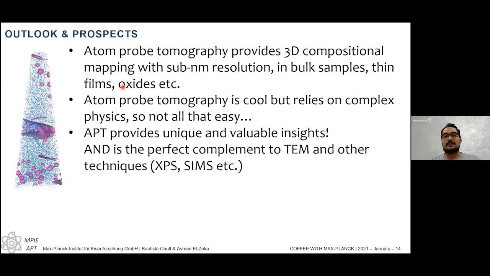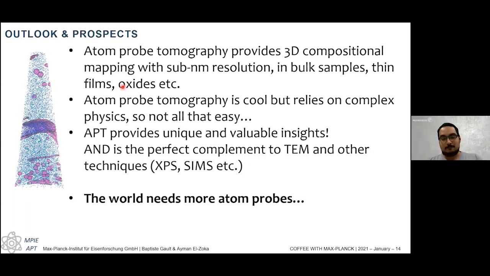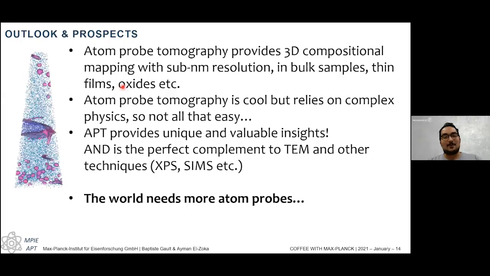Finally, we can also see that atom probe tomography gives these insights that you cannot get with other techniques like TEM, XPS, and SIMS. So, yep, the world needs more atom probes.